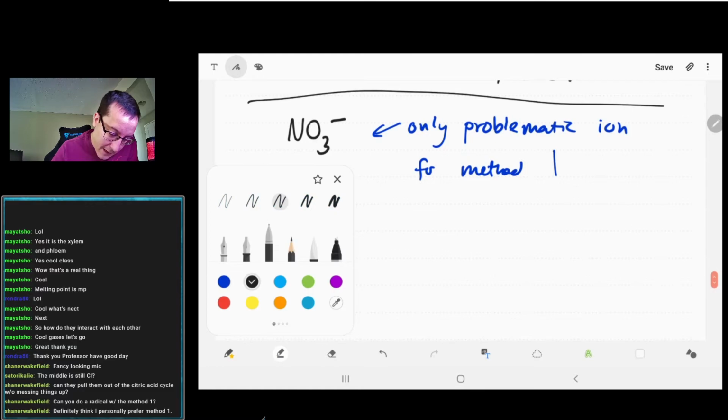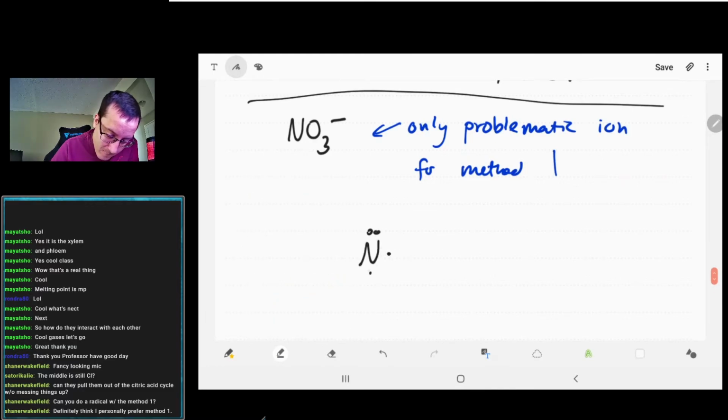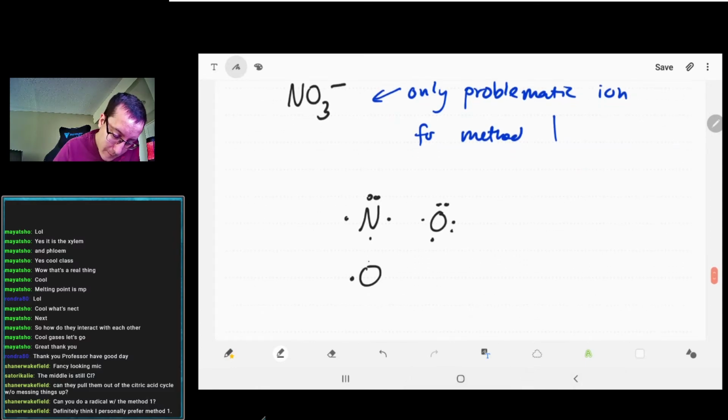So if we go ahead and look at it, oops, too many electrons. I'm actually going to redraw this for neatness. Okay. So if we, oops, not enough electrons there. There we go. Everyone's happy. Let's give one an extra electron. How about you?